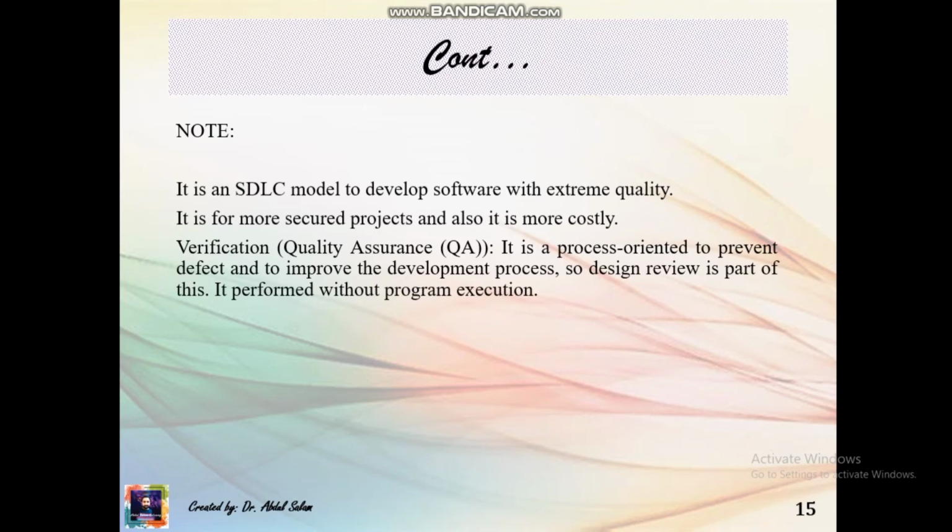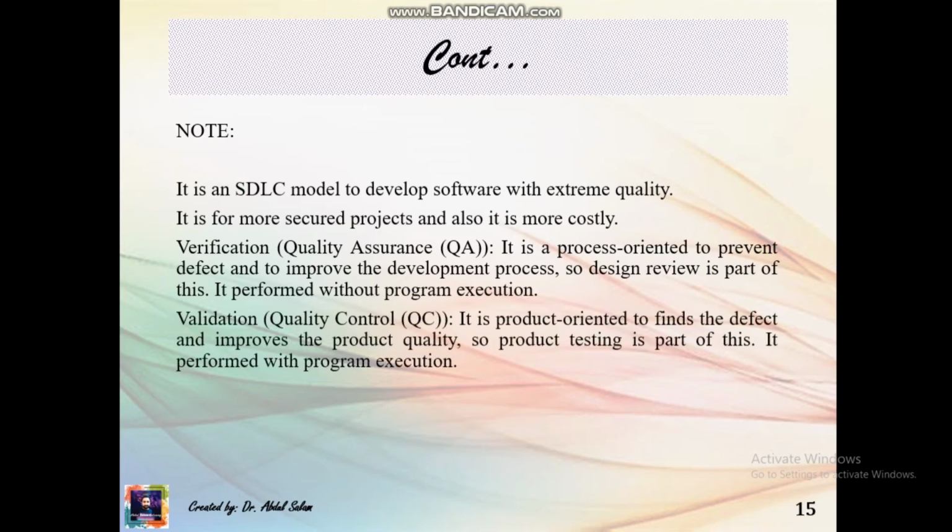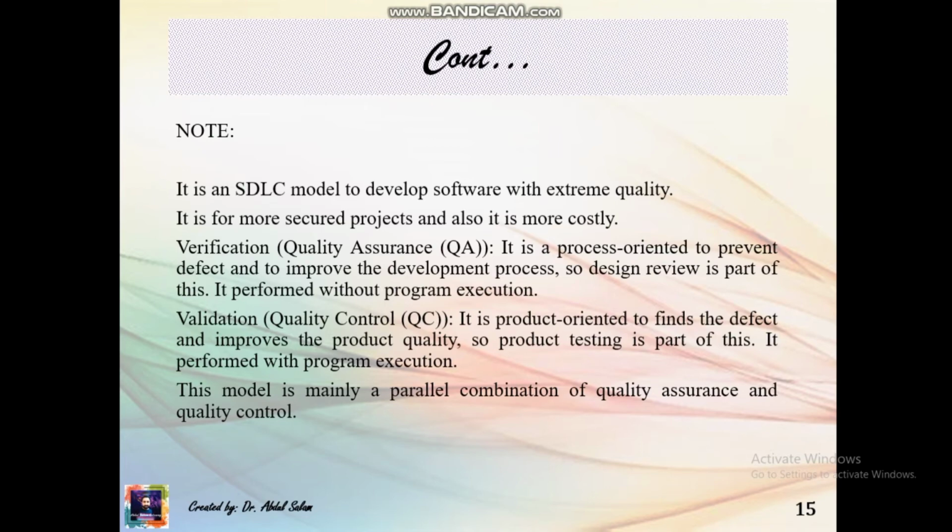It is performed without program execution. Validation, or quality control, is a product-oriented process to find defects and to improve the product quality. So, product testing is a part of this. It is performed with program execution. This model is mainly a parallel combination of quality assurance and quality control.